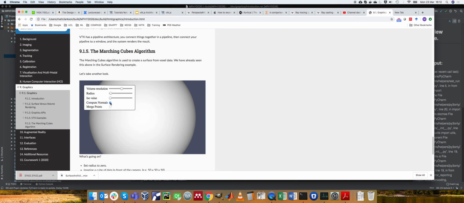Also, I notice if I compute surface normals, maybe I'll put it on low resolution. If we compute normals, essentially, if each triangle in this surface has no normals, then the graphics system will apply a very basic shading algorithm.